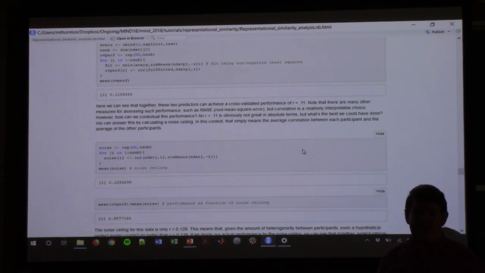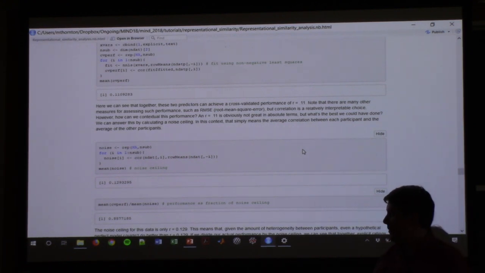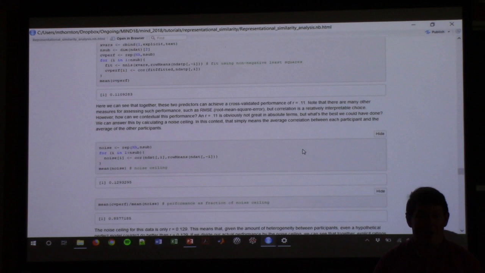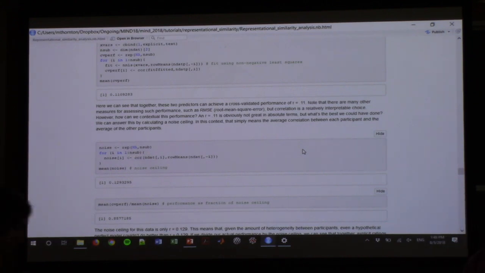So you can end up in situations like, I'm doing 120% as well as the noise ceiling. I'm really doing great. That's not very realistic, but that'll happen a lot if you have data which falls within the permutation distribution of the null. So you really shouldn't do this at all until you've seen if this is a significant result.